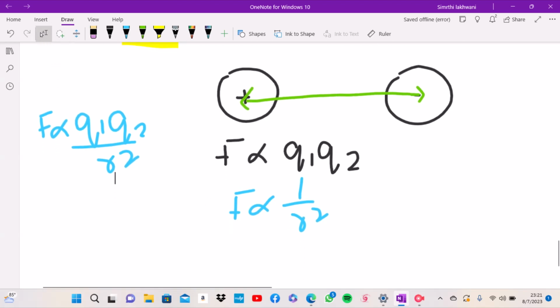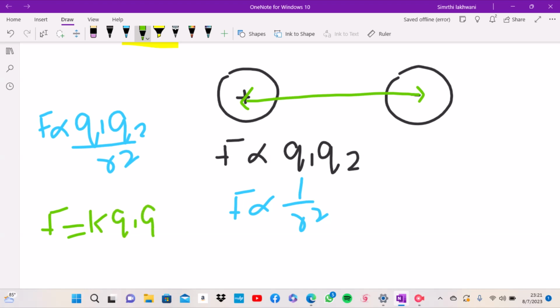And when we remove the proportionality sign, we get introduced to a constant known as K: F = K Q1 Q2 upon R square. Now this K is Coulomb's constant.